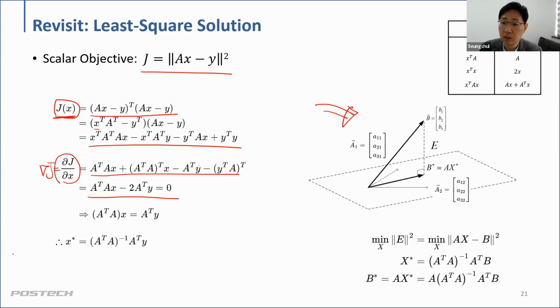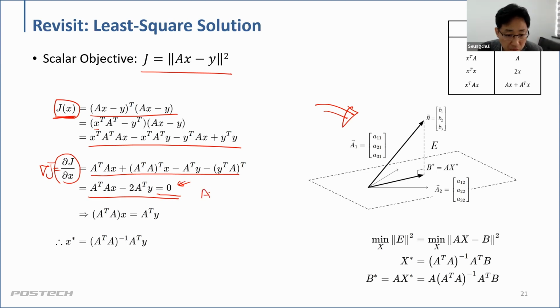Here I just did it in the previous slide, and we set it equal to zero to find out optimal solutions. And I didn't explain it, but we assume that we know this is a convex problem, and the solution that we found is going to be the global optimal, global minimum point.